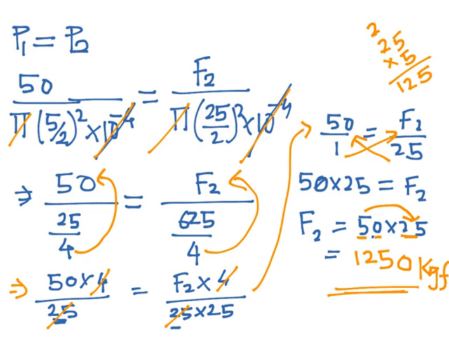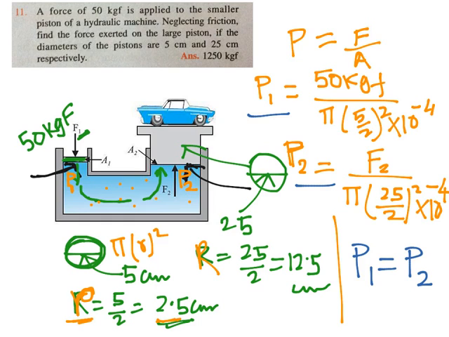So we got the answer. We'll just put it down in the figure as F2. How much did we get? We put it in red: F2 is 1250 kgf.